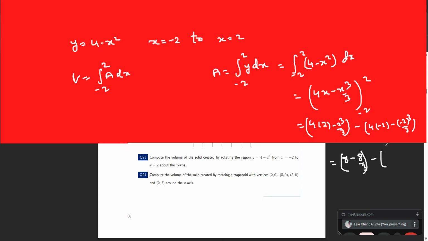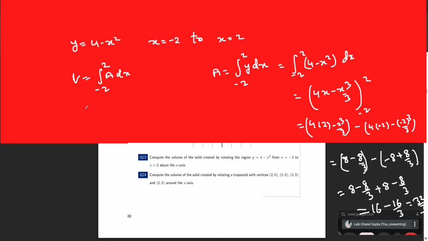In one bracket, the other bracket minus 8, minus minus plus 8 over 3. When you open the bracket, 8 plus 8, 16, minus 16 over 3. So you will get 32 over 3.